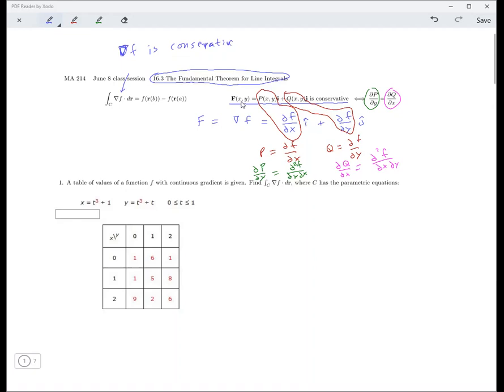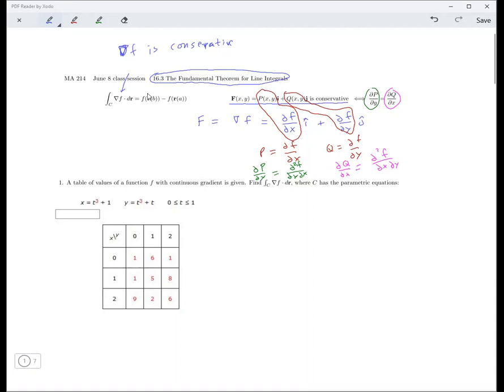And the idea is that, for example, if you go from one point to another point up in the air somewhere on the earth, then the amount of work that you do to get there is going to be the same no matter which path you choose, whether you go up and then over, or you go over then up. The amount of work that you do to take an object from one place to another is going to be the same. So that's what it means to be conservative. It doesn't matter which path you take.